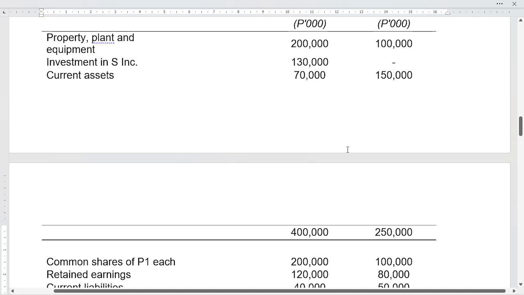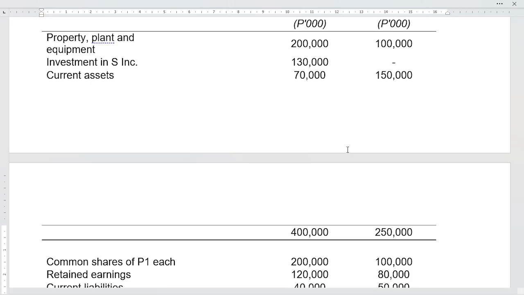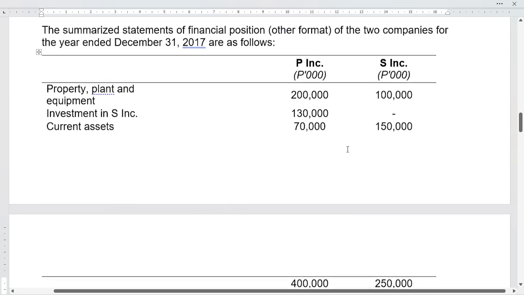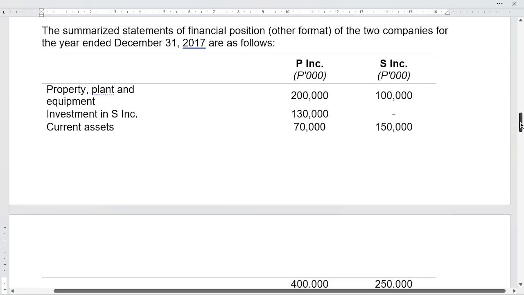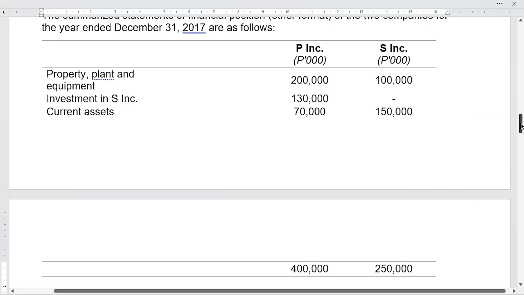Kasi ang total assets daw ng acquiree ay 250. Yan ang kanyang total identifiable assets. Ngayon, tanggalin mo diyan yung liabilities.